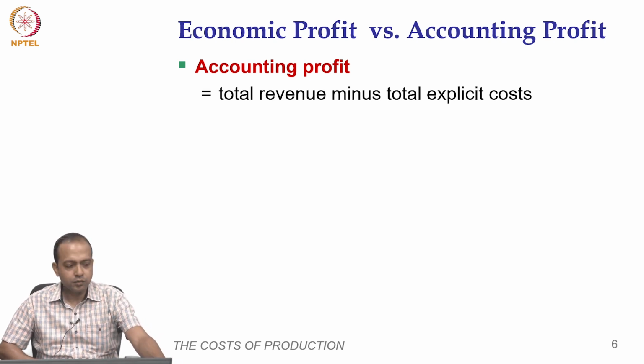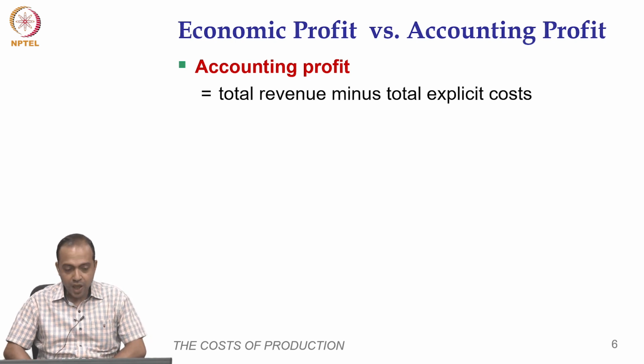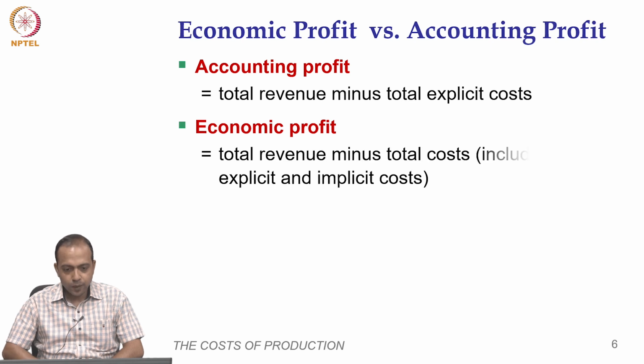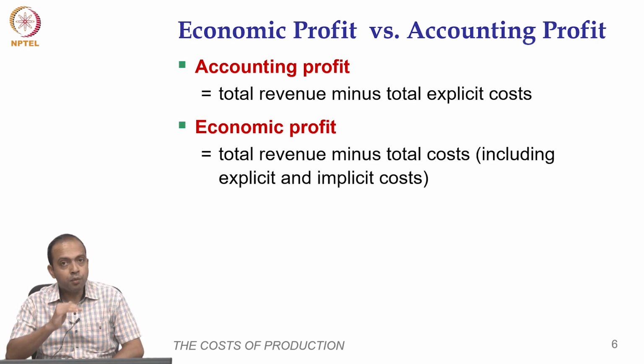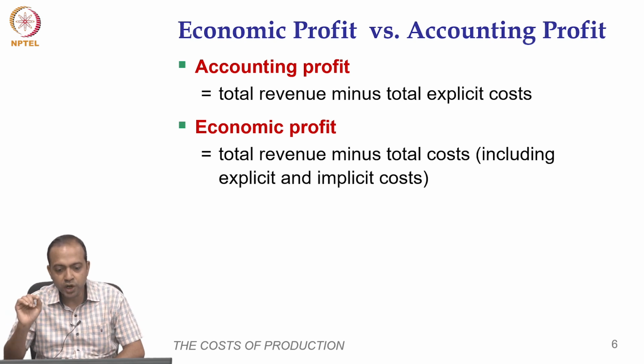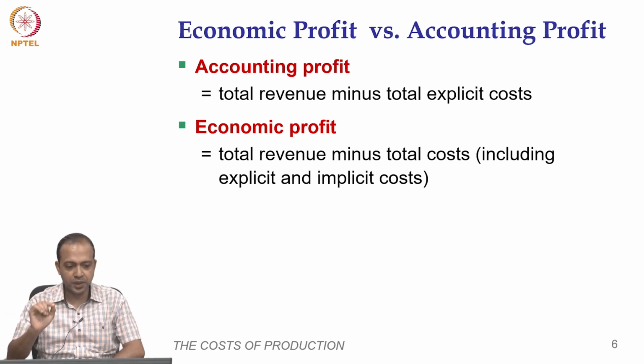And how do you define economic profit? Total revenue minus explicit cost minus implicit cost, that means total revenue minus total cost, that is the difference.